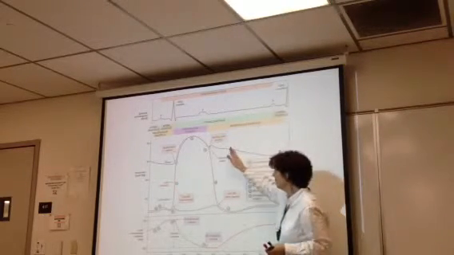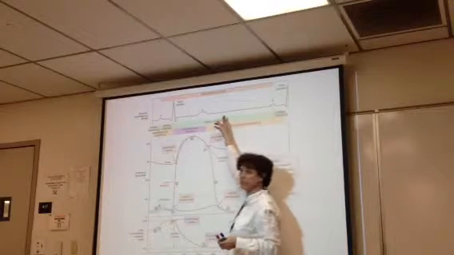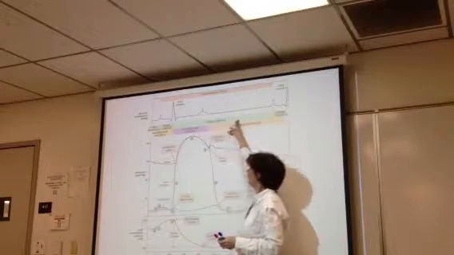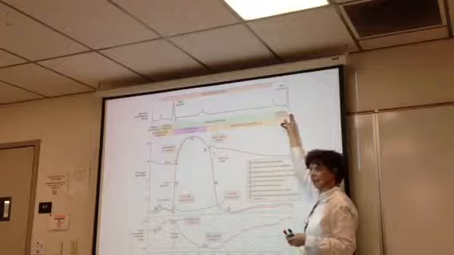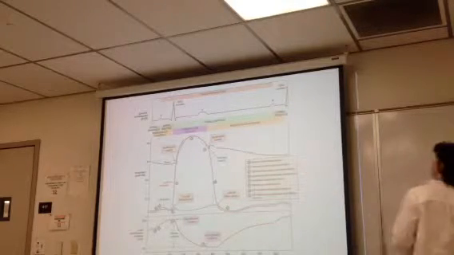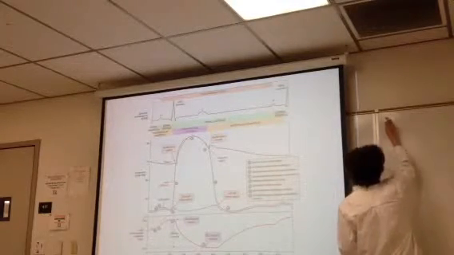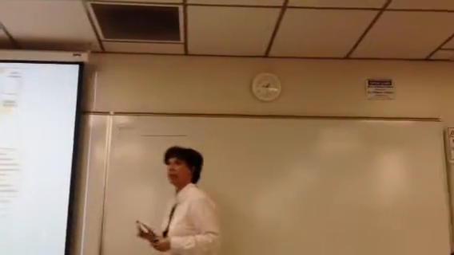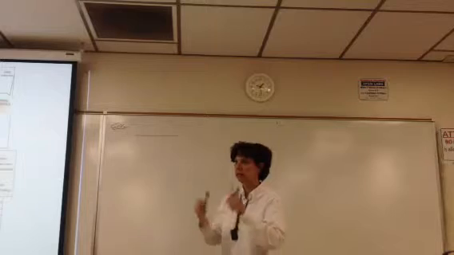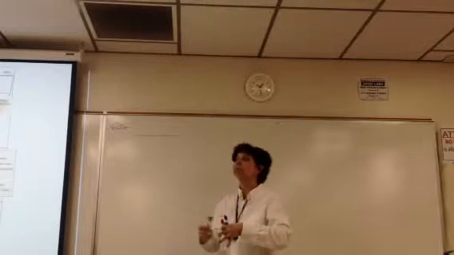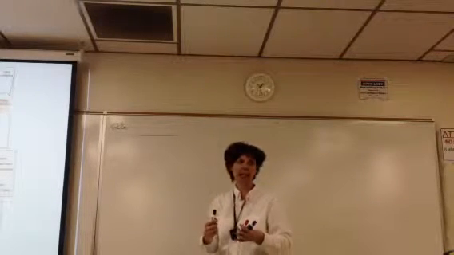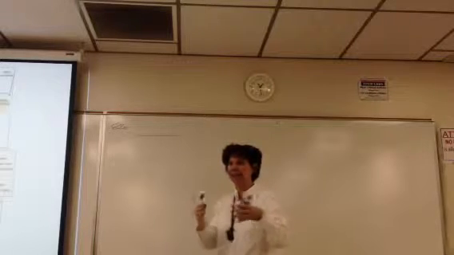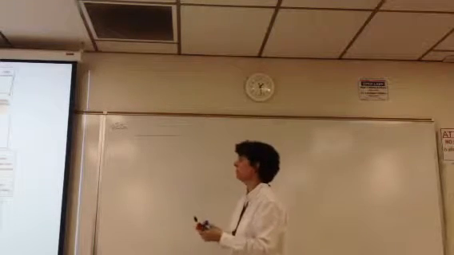You notice here, we look up at the ECG, the heart is at rest. Okay? So both the atria and the ventricles are relaxed. Obviously, as we already said, the autorhythmic cells are going to undergo depolarization.